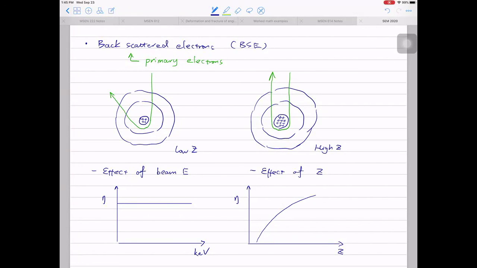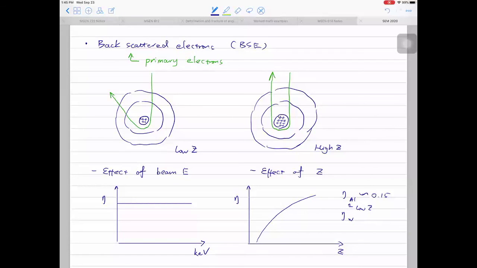We can also look at the ratio using two examples. For people who work on metals, you are probably familiar with aluminum and tungsten. Aluminum is low Z. The yield is about 0.15. That means when you throw in 100 primary electrons, 15 electrons will come back as backscattered electrons.